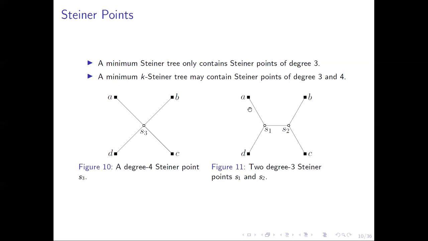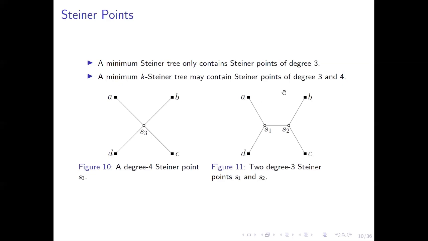Whereas for degree 4 Steiner points, you always have 2 pairs of collinear edges. So for example, AS3 and S3C would be collinear, and the other pair would be S3D and BS3. So you can think of 3 collinear points down here and 3 collinear points down here. Otherwise, it cannot be optimal.